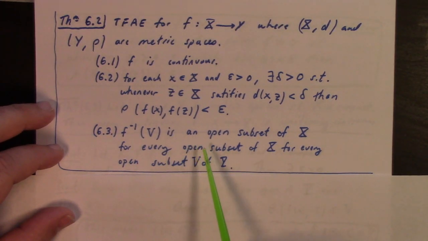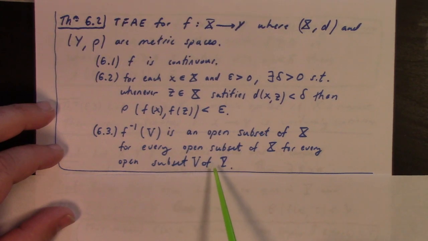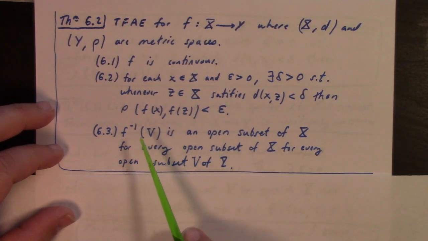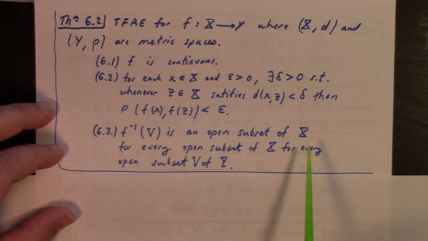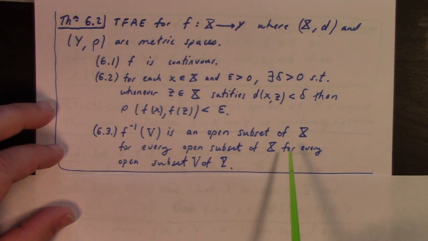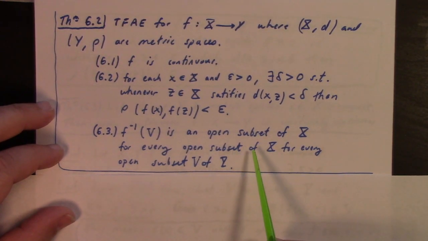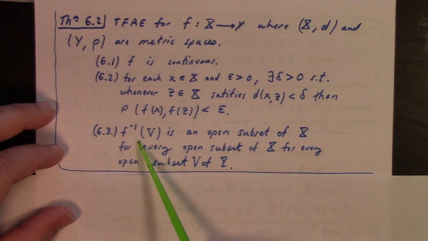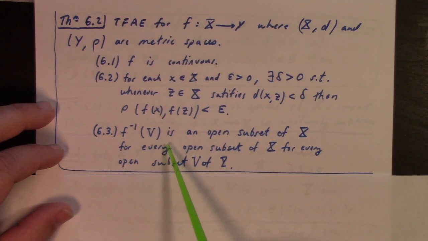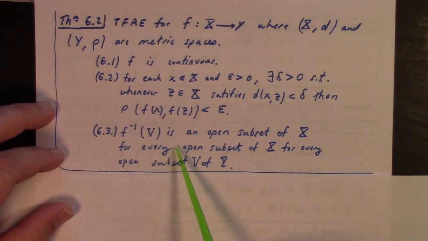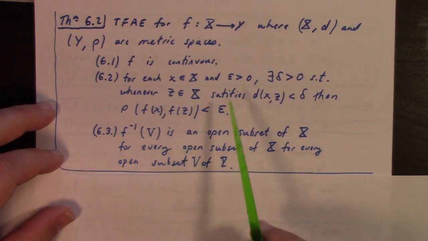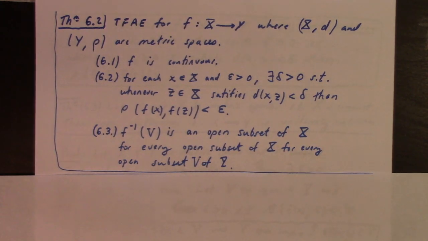You could write this sentence a slightly different way: let V be an open subset of Y, then f inverse of V is an open subset of X. And to be clear, that's for all possible open subsets of Y. In other words, 6.3 says that the inverse image of open sets is once more open. That is a characterization of continuity of a function on a metric space.